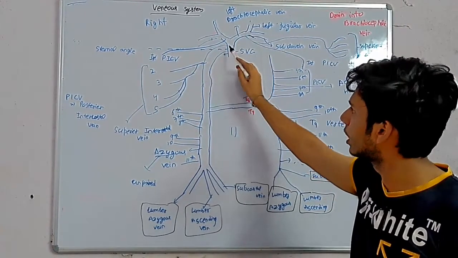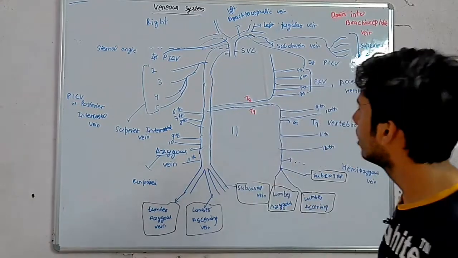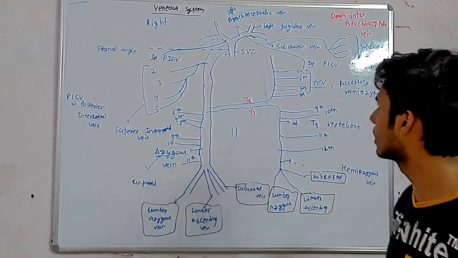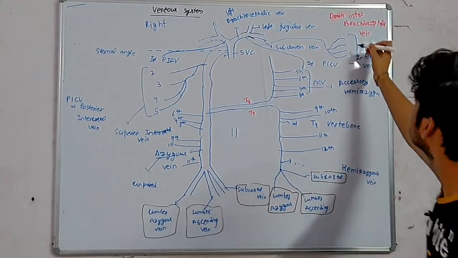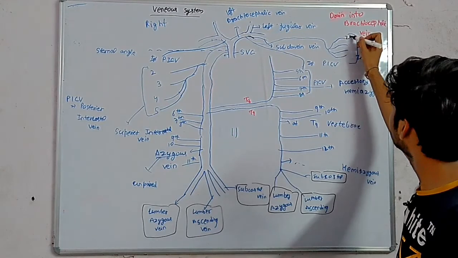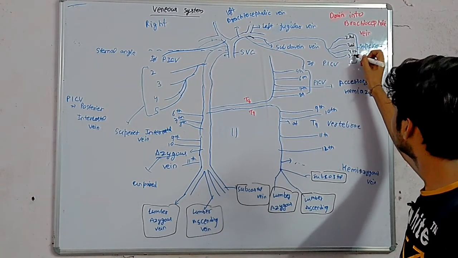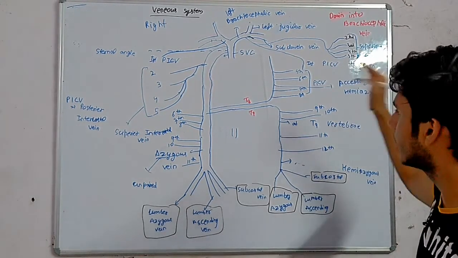The brachiocephalic vein receives the first posterior intercostal vein on both sides, but on the right side all other spaces drain into the azygous vein, while on the left side the second, third, fourth and fifth spaces form the superior intercostal vein and drain into the brachiocephalic vein.